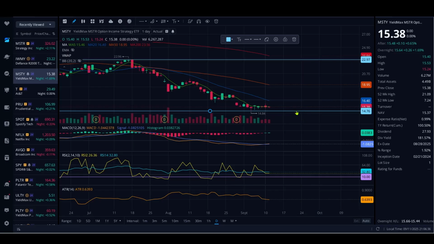I'm a couple pennies off of each one for the line, but you'll see the difference once I flip this to the adjusted, okay? And that should help you to understand a little bit more of why it's important to use the actual versus the adjusted when you're looking at the price movements, right? And you're looking at price movements in order to draw in your resistance and support lines.